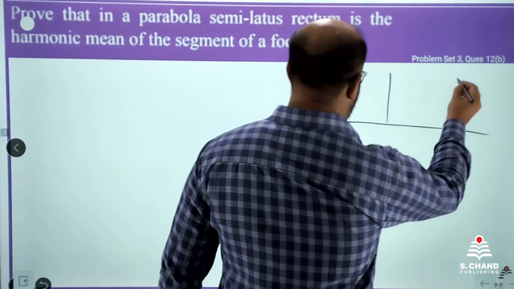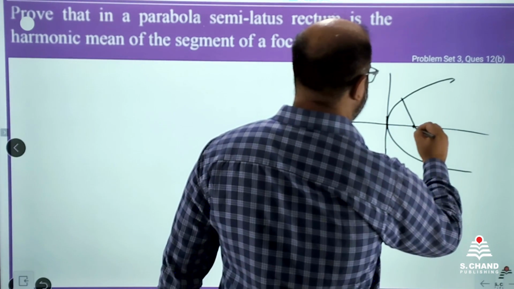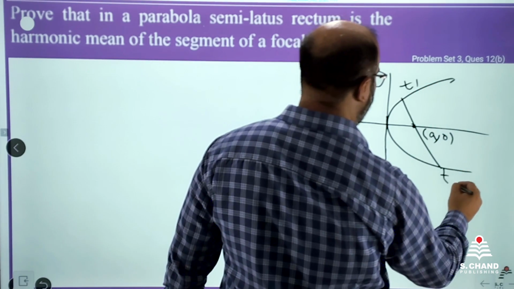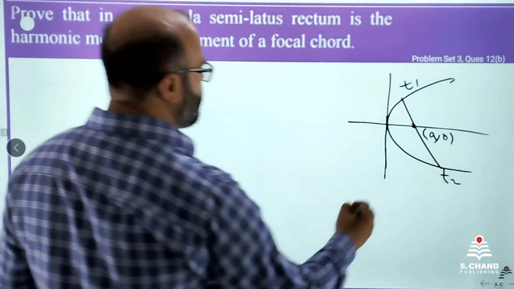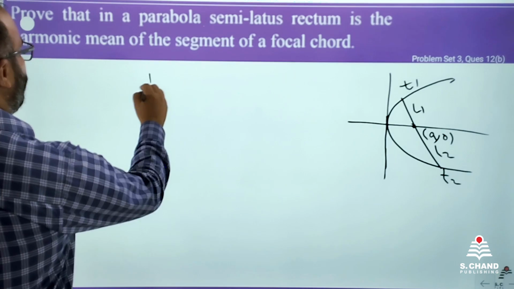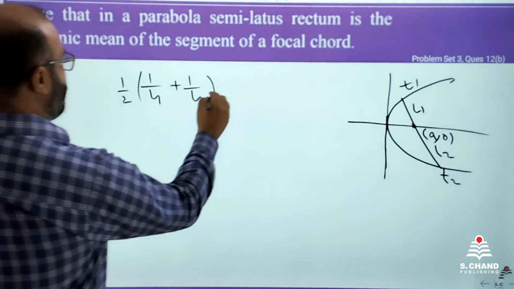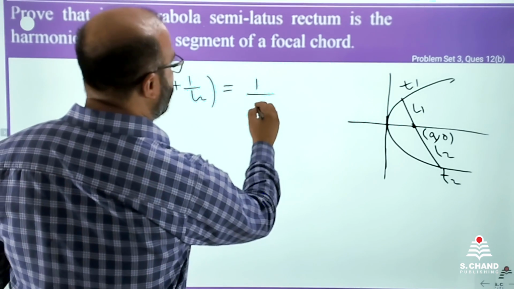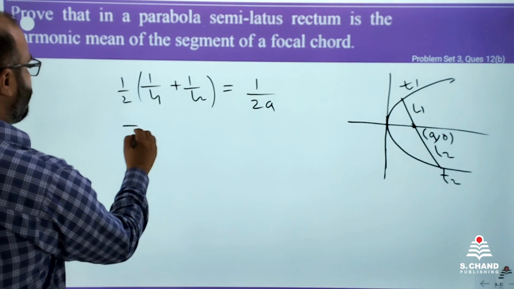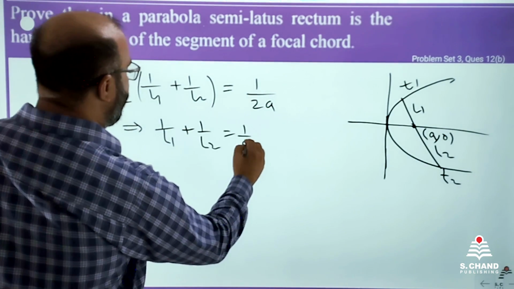So if we take a focal chord having focus (a, 0), one point is t1, another is t2, and this particular segment L1 and this particular segment L2, so half of (1 by L1 plus 1 by L2) is equal to 1 by semi-latus rectum, that is 2a. So that means we have to prove 1 by L1 plus 1 by L2 is equal to 1 by a.